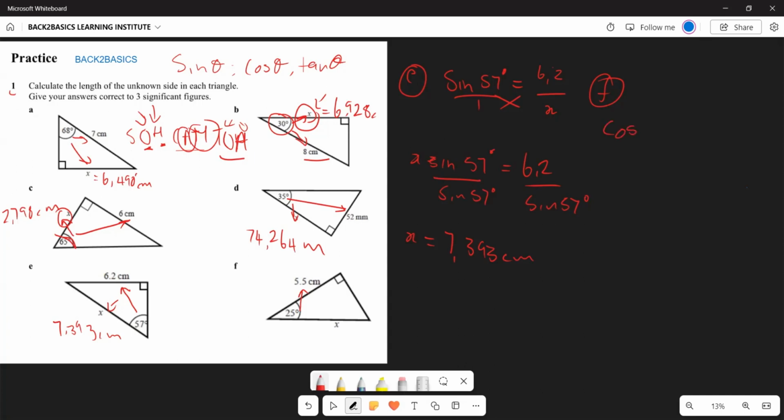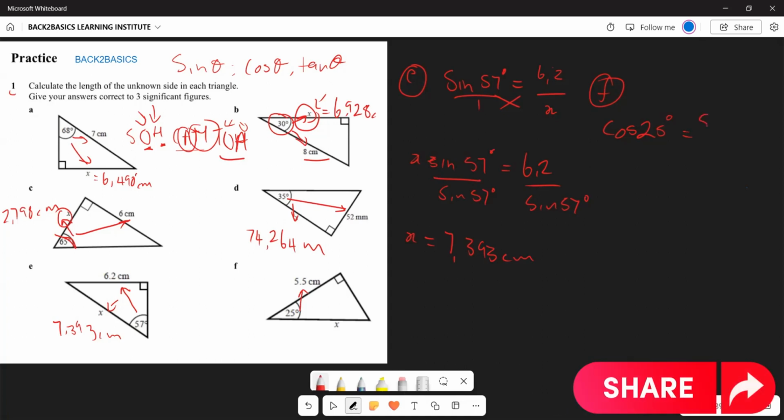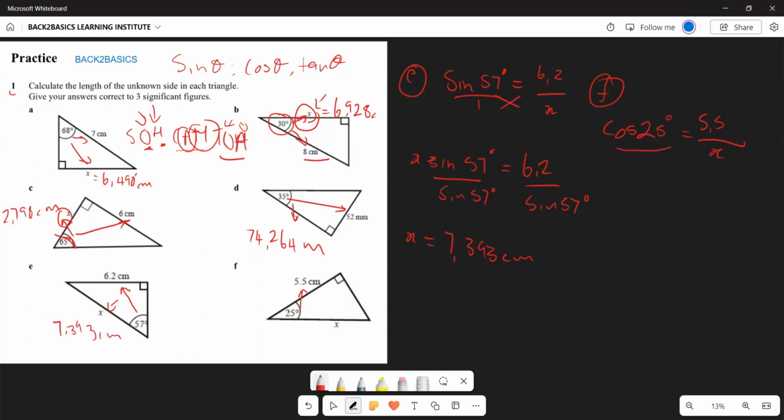So you're going to have cos of 25 degrees, which is going to be, which side is adjacent here? Remember, the x here cannot be adjacent because your x here is your hypotenuse side. So this is going to be 5.5 centimeters over your x. Now to continue to solve this, your x is the same as over 1, so you can cross multiply.